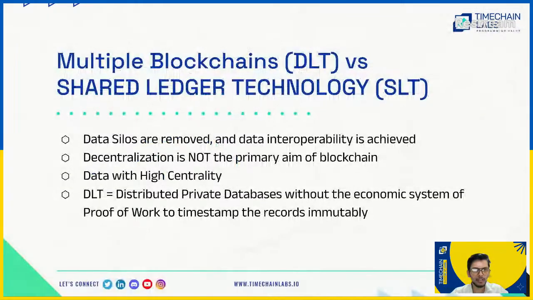This is where multiple competing blockchains versus a shared ledger technology globally comes in. You have the benefit of a shared ledger only when you have a ledger that's shared in the first place, that's connected, and not multiple different ledgers disconnected as multiple blockchains.